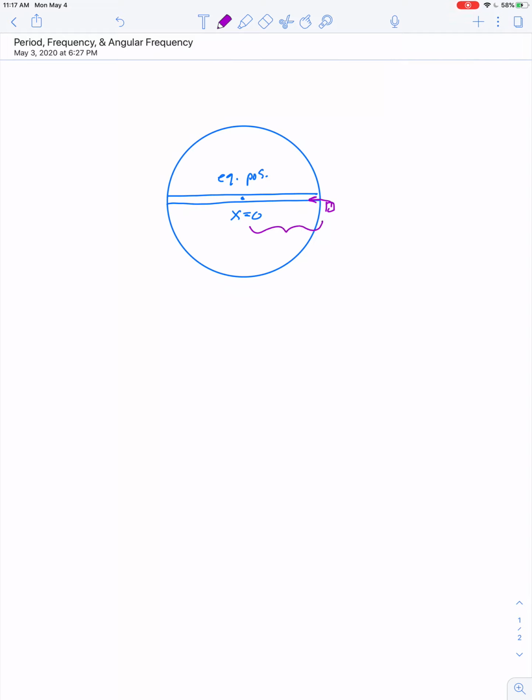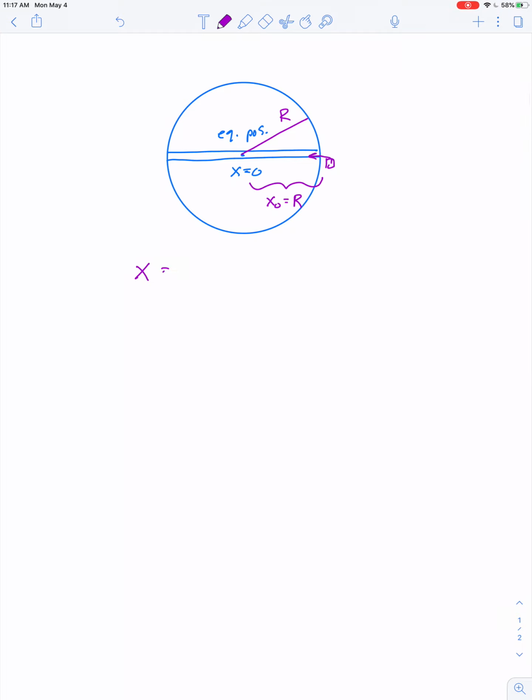At that point, x initial is just equal to capital R, the radius of the Earth. And so we guessed that the position as a function of time would be equal to R times cosine omega t. So this quantity omega we found must be equal to the square root of GM divided by R cubed.